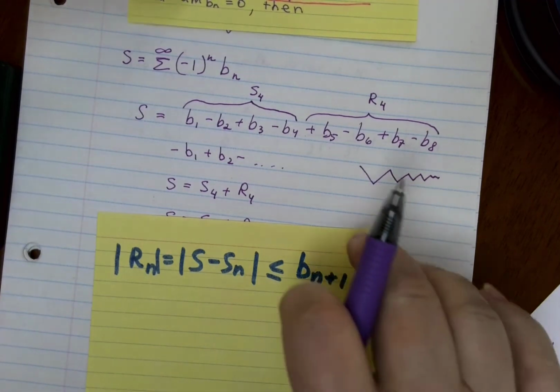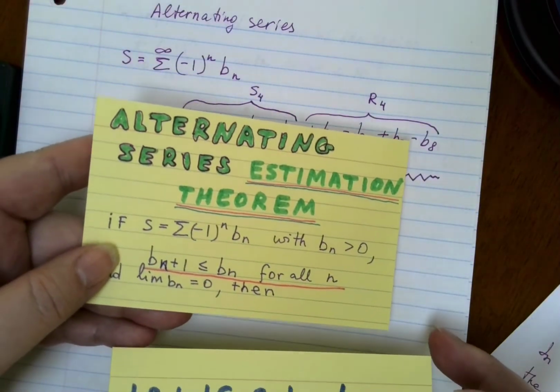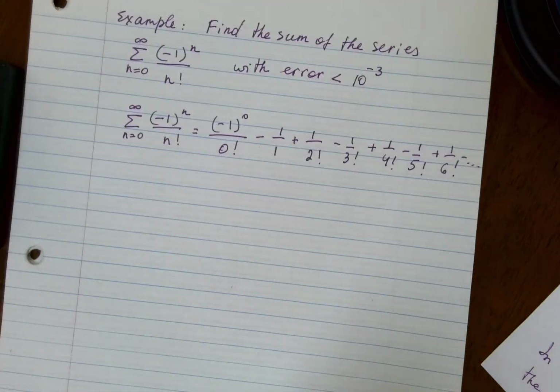Okay, so now we want to do an example on the alternating series estimation theorem. So here is my example.